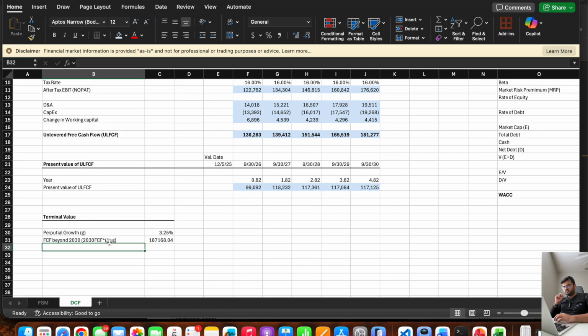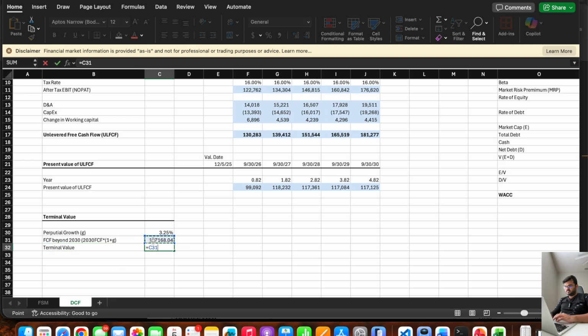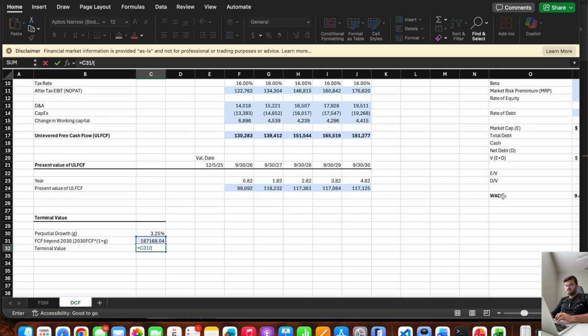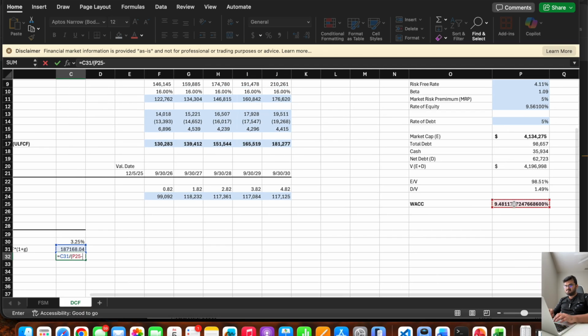Now what we did is we calculated the free cash flow beyond 2030, and let's calculate the terminal value. Terminal value is nothing but dividing the free cash flow beyond 2030 by the difference between the WACC and the growth rate which we assumed.